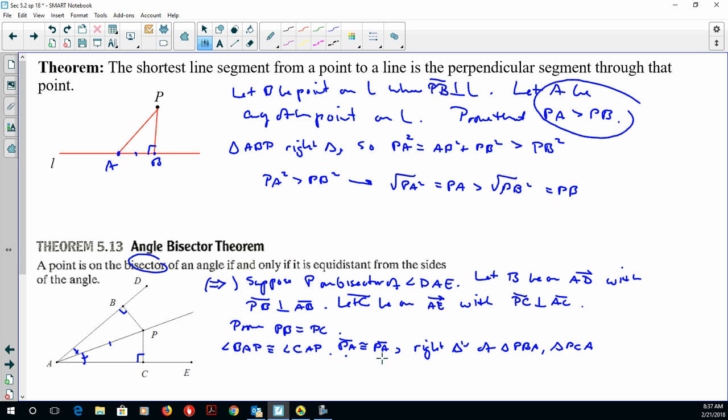So by hypotenuse-angle, triangle PBA is congruent to triangle PCA, and that means PB is equal to PC, because they're corresponding parts.